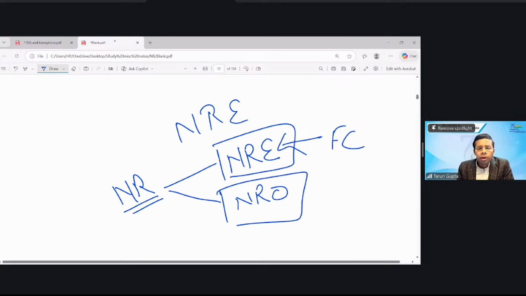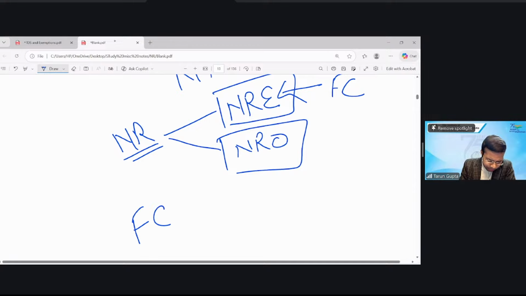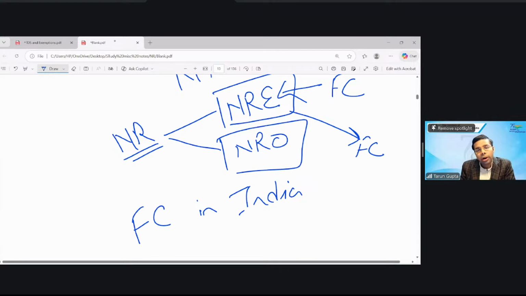So, what does the government want? Government always wants foreign currency in India, and so by nature, the amount standing in the NRE account cannot be anything other than foreign currency, because only foreign currency can be deposited in an NRE account.